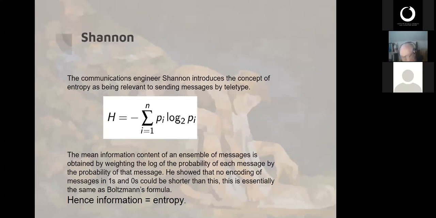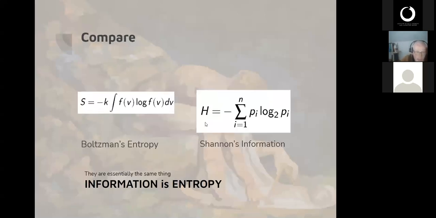And that's essentially the same as Boltzmann's entropy formula. So from Shannon onwards, in 1948, we've known that information and entropy are actually the same thing, in the sense that they have basically the same formula. One is done with a summation on a discrete space.